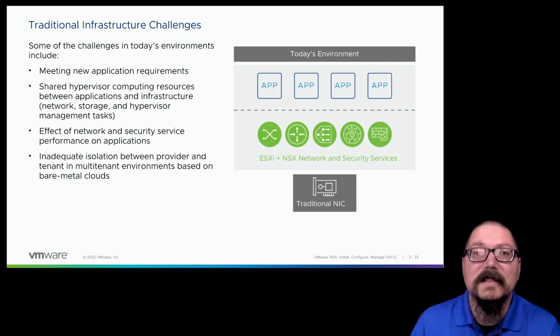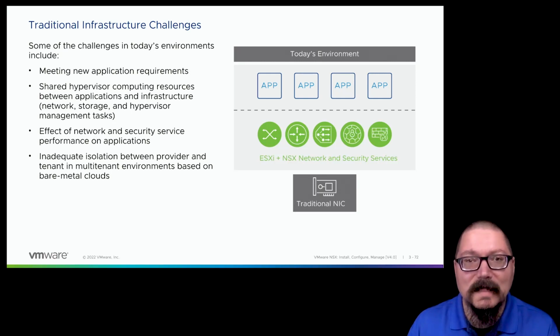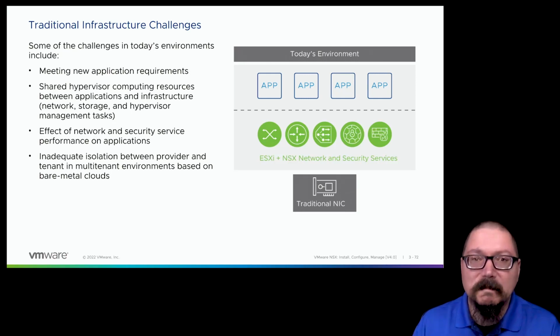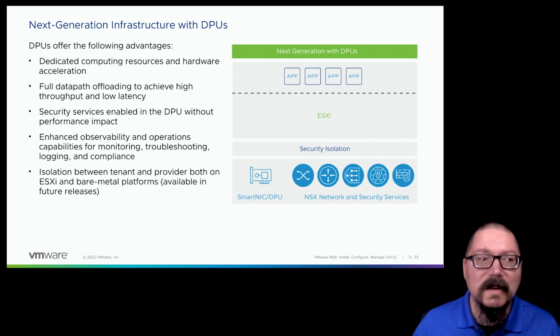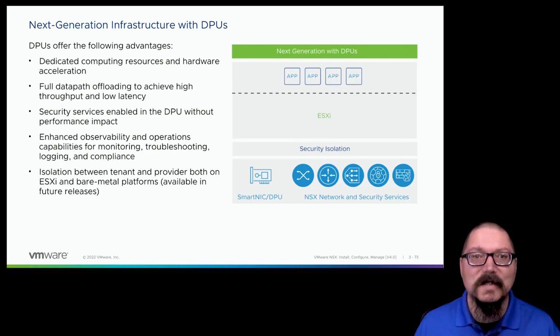But we do face challenges with our traditional network infrastructures today, particularly at the hypervisor level. And we're finally able to start thinking about addressing these things that, let's be honest, virtualization sort of started to bring to the table a great number of years ago. And so data processing units, or DPUs, are also known as SmartNICs, and they're going to help us solve some of these challenges by providing dedicated compute resources on which to run things like our NSX stuff, right?